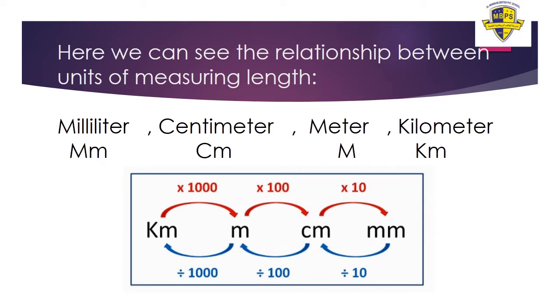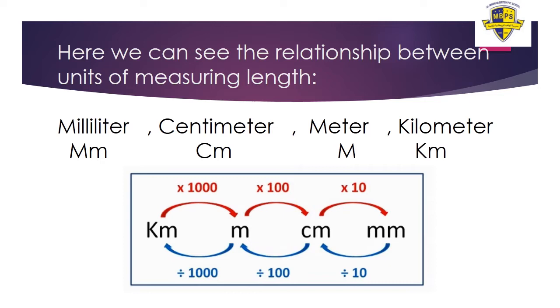To know this, look down at the diagram. Let's start from the right side. mm for millimeter. Here you can see that between millimeter and centimeter we have 10. So this means 10 millimeters make 1 centimeter.